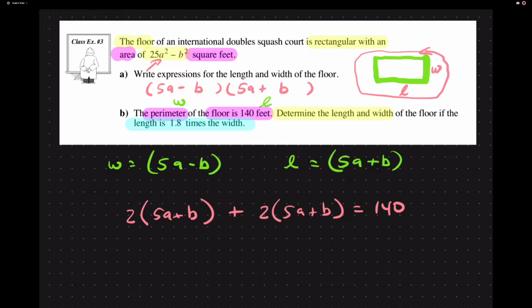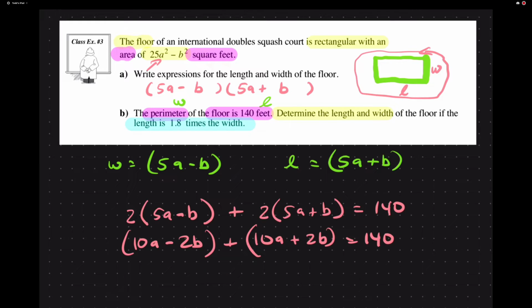First, 2 times 5a is 10a, plus 2b. Sorry, one of those should be minus. This one should be the width, which is 5a minus b, which makes minus 2b right there. And over here I've got 2 times b, which is 2b, and that equals 140.